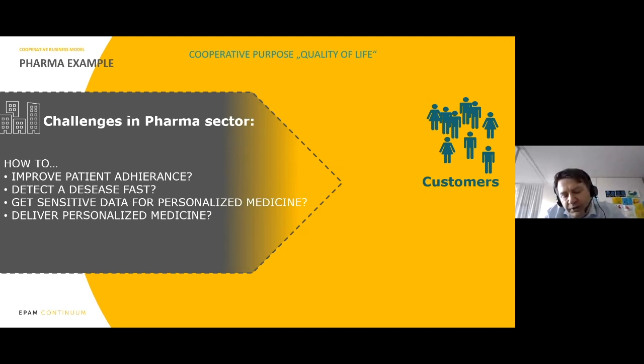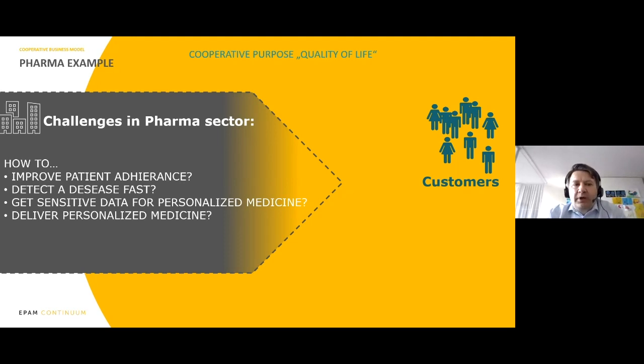The pharma industry, in order to design very personalized medicine, would like to understand what disease we have exactly, collecting very sensitive personal data, like DNA sequences, in order to design the individual medicine to cure my cancer in a very targeted way.